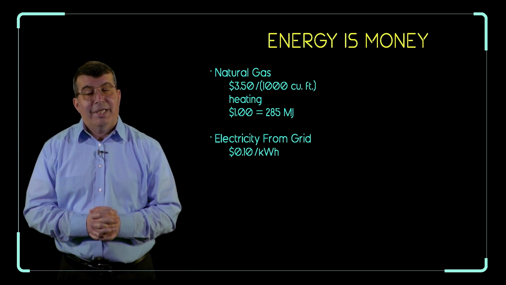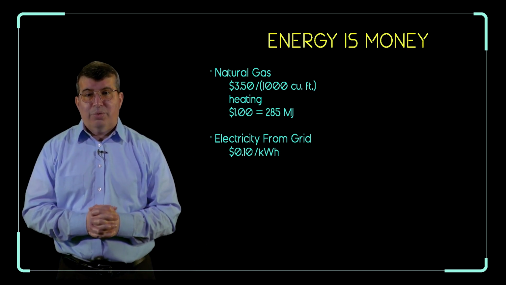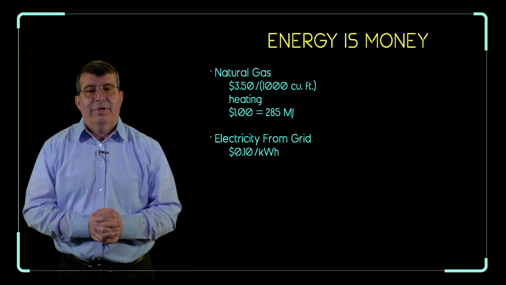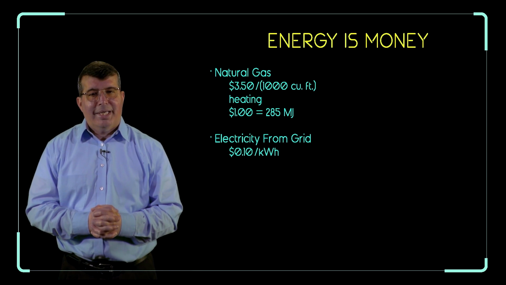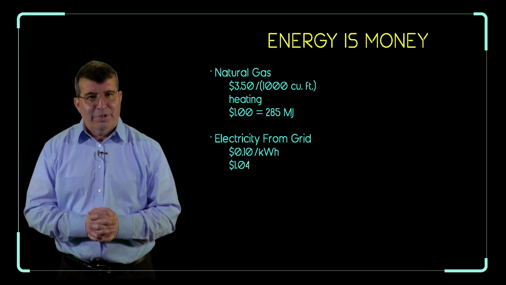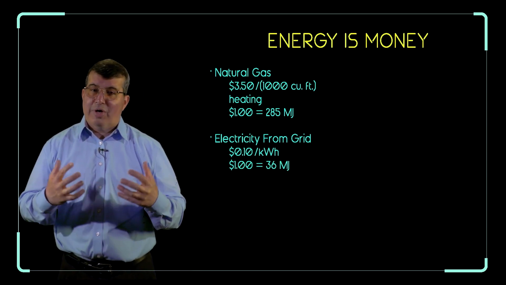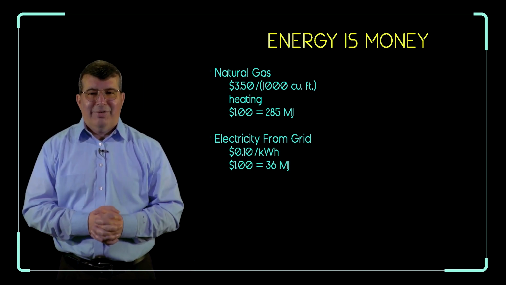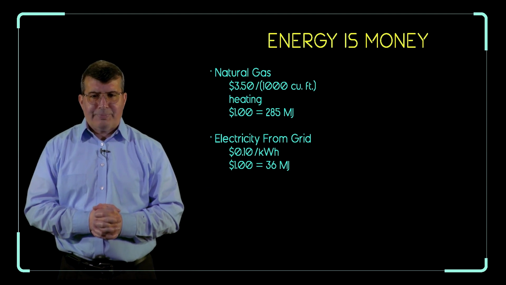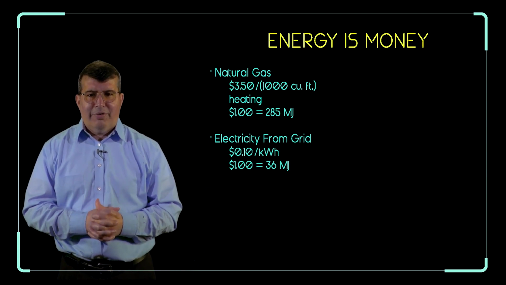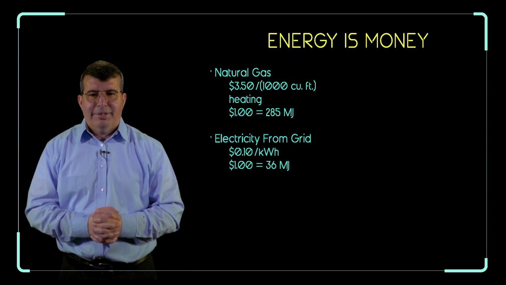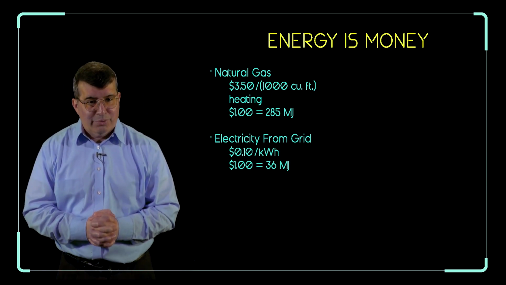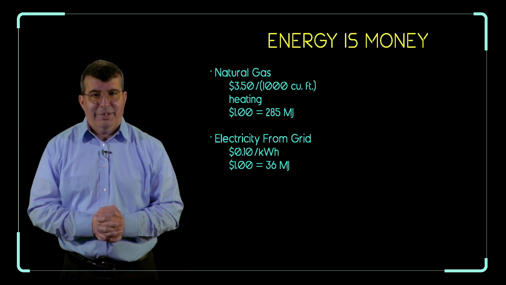So if I convert a kilowatt hour into joules, then I can work out that for every dollar that I pay to the electric company, I get 38 megajoules of electrical energy, which I can use to drive motors. I can turn my TV on. I can do a lot of things with that energy. So for every dollar that I pay to the electric company, it gives me 38 million joules of electrical energy.